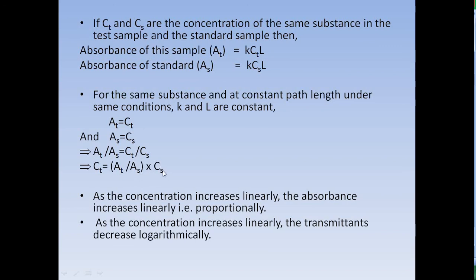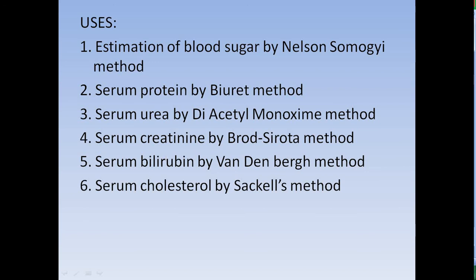The concentration of the standard is already known. So once we measure the absorbance of the test and the standard, we can know the concentration of the test solution. This formula is used for the estimation of blood sugar, protein, urea, creatinine, bilirubin, and cholesterol. That's why colorimetry is very important.